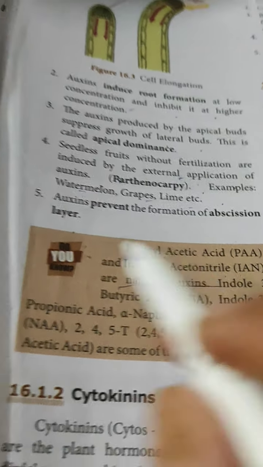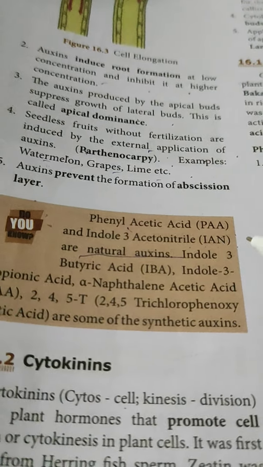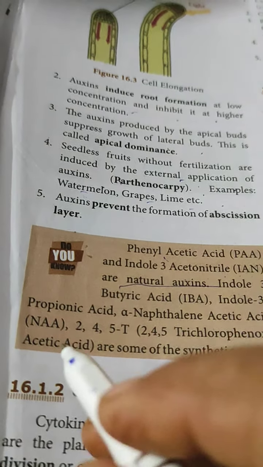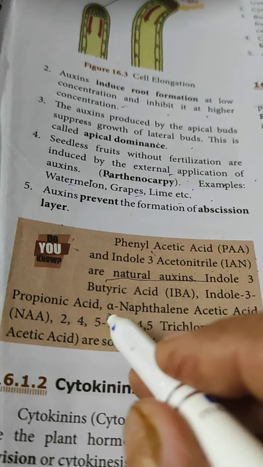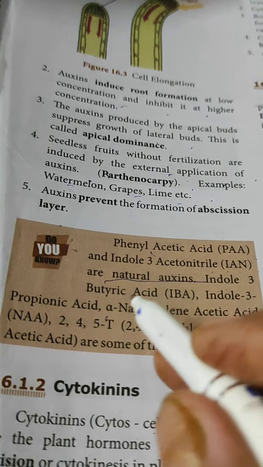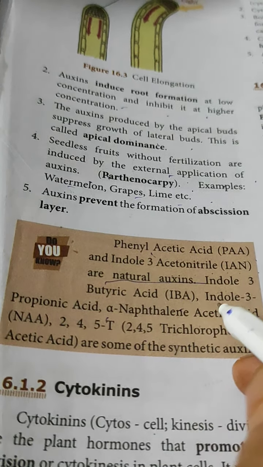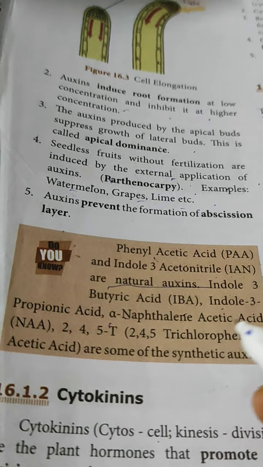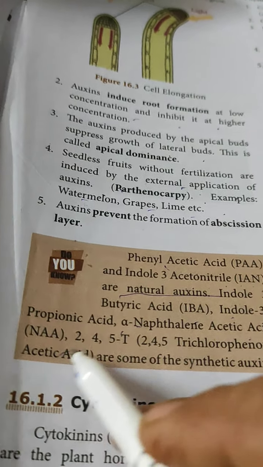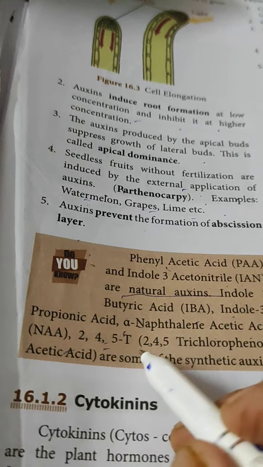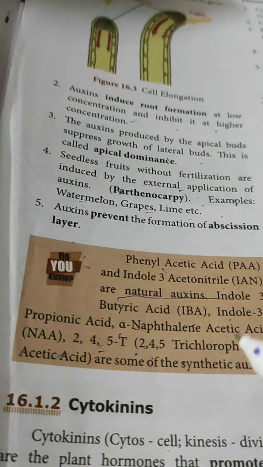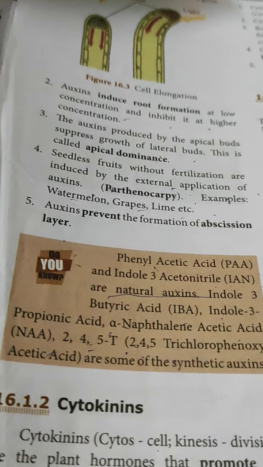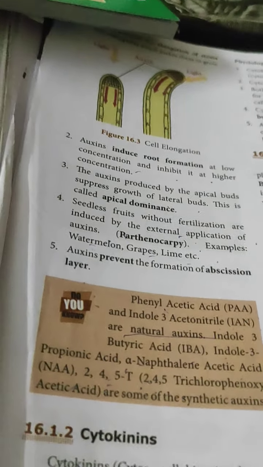And synthetic auxins are also there: indole 3-propionic acid, IPA, indole 3-butyric acid, IBA, alpha naphthalene acetic acid, NAA, 2,4,5-T, 2,4,5-trichlorophenoxyacetic acid. These are considered synthetic auxins.